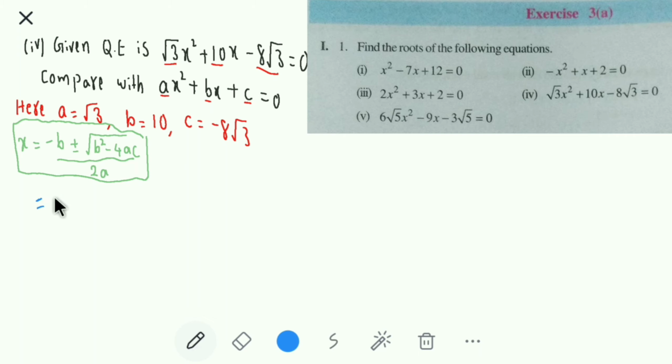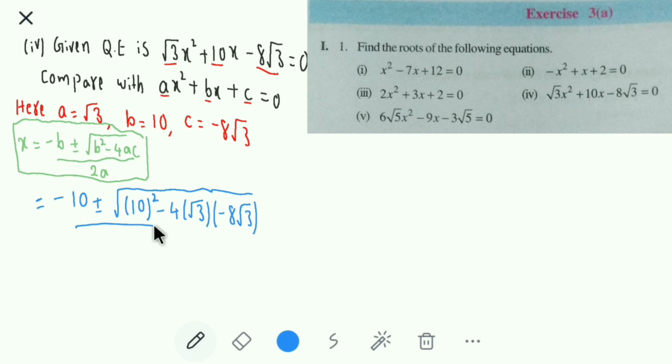So x is equal to minus b value is given here, that is 10, plus or minus under root of b square, b value is 10 whole square, minus 4ac, a here root 3 and c is minus 8 root 3, divided by 2a. 2a is here root 3.